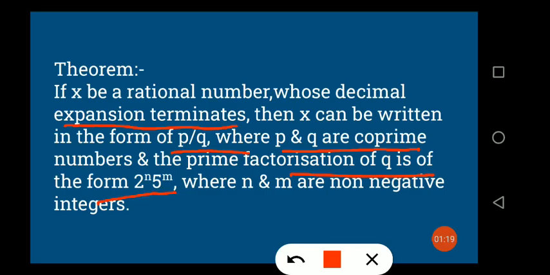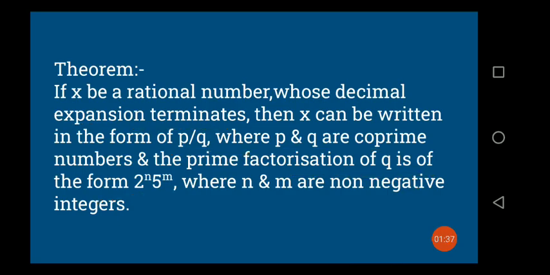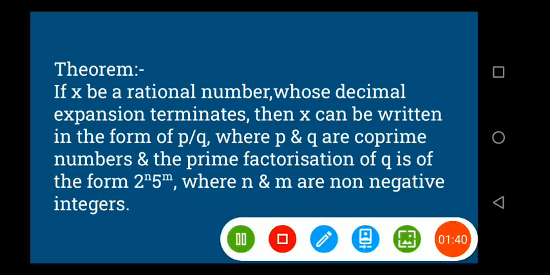This means if the decimal expansion of a rational number terminates and we convert it in the form of p by q, then the prime factorization of q will be 2 to the power n into 5 to the power m. Got it?